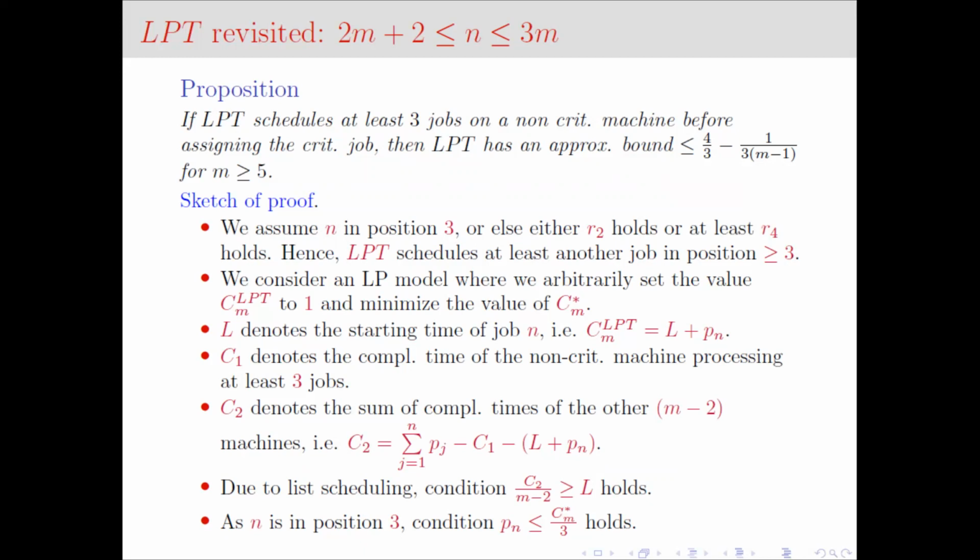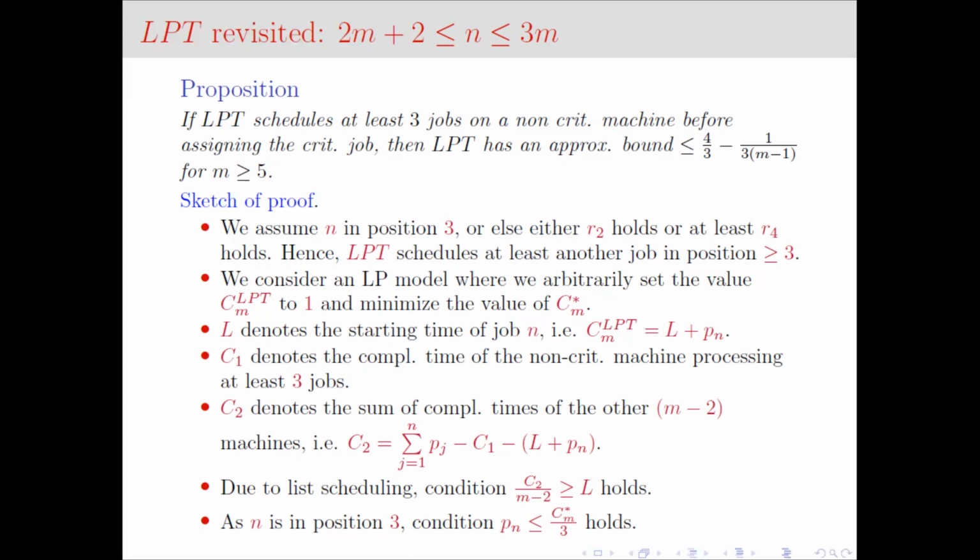So the case is the following. We have n, which is between 2m plus 2 and 3m. So this implies that, roughly speaking, we generally have 2 jobs on every machine, and at least 2 machines that have 3 jobs.